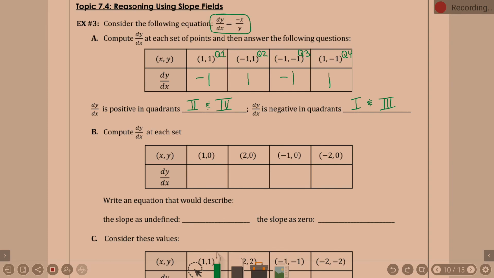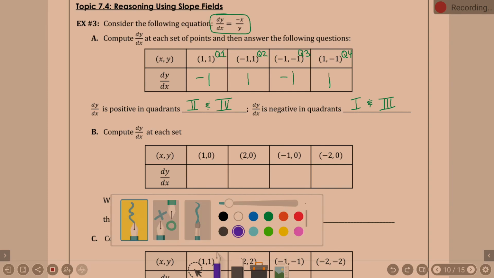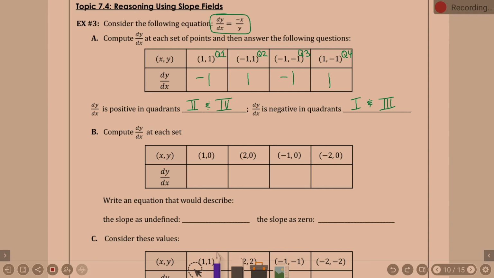Part B, compute dy/dx at each set. So again, remember we're using dy/dx is, which is it? Negative x over y.